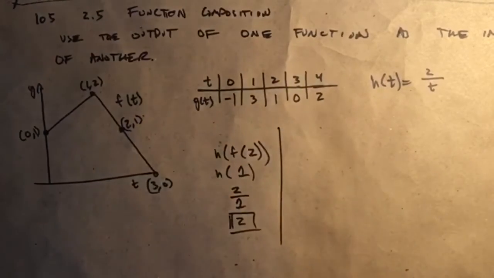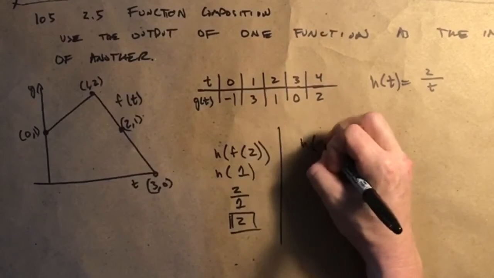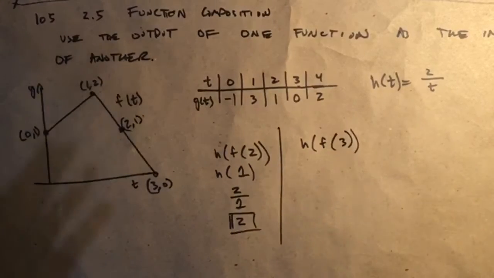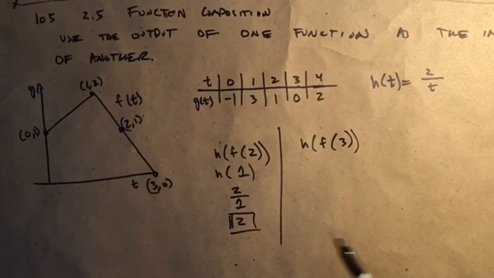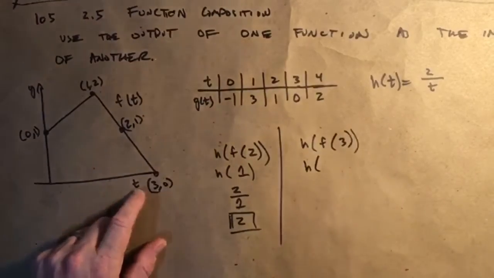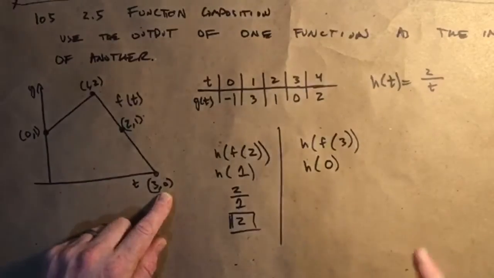Let's go again. This time we're going to pick H of F of 3. Not a great stretch of the imagination. I can plug 3 in, and we get H of 0. But now we're in a world of hurt.